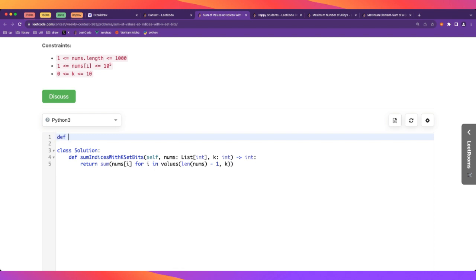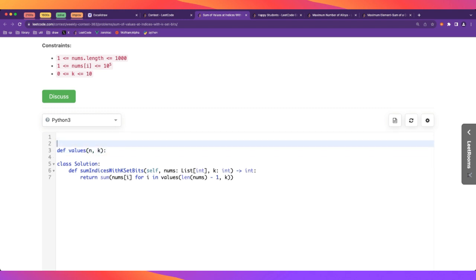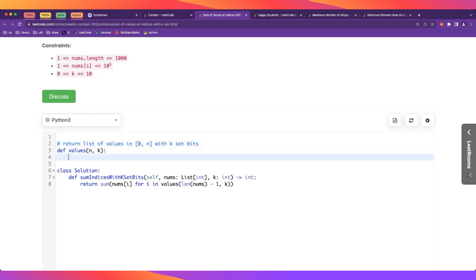So how can we do that? So let's call this n and this is k. So again, this is going to return a list of values in 0 to n inclusive with k set bits, right?